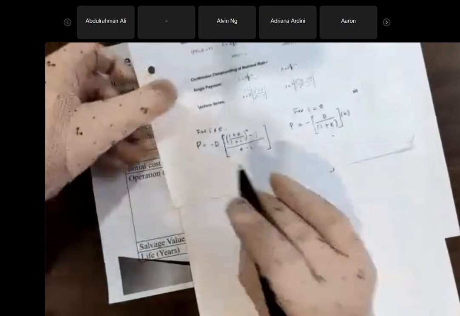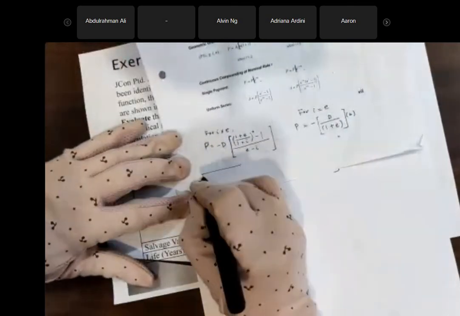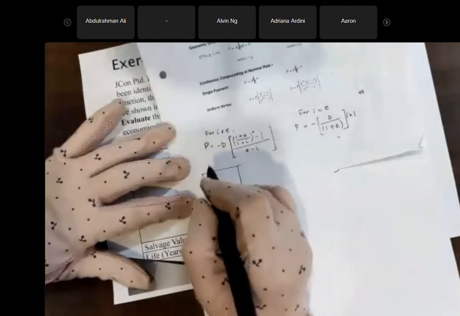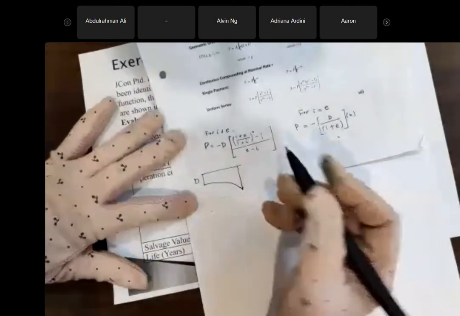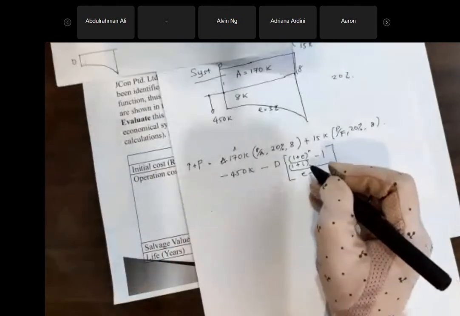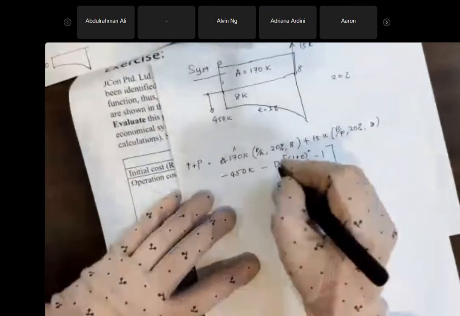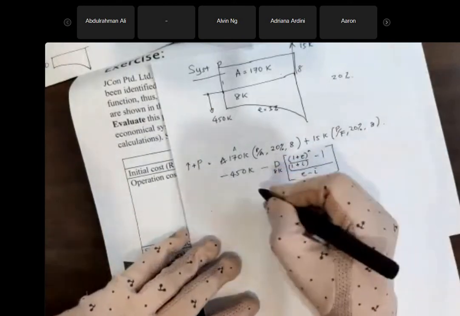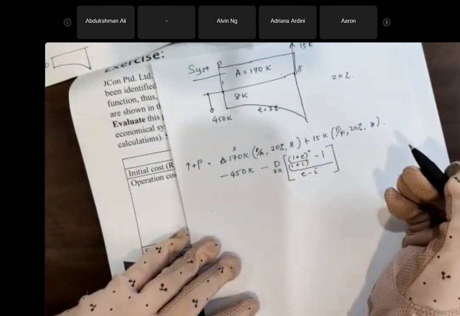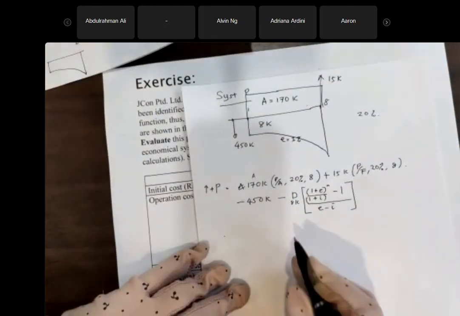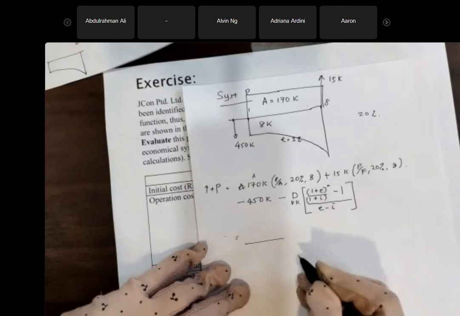What is D? The picture and formula are like this. This is D, there is no A. Here D is 8K. So can you settle this? Okay, so you get something here.